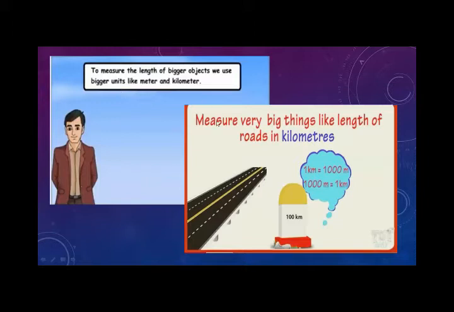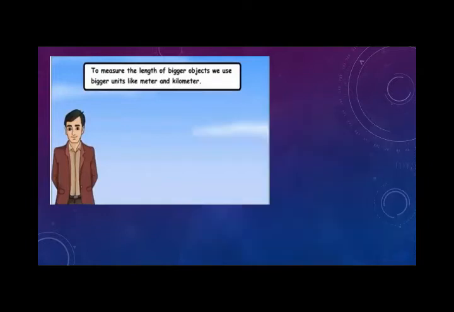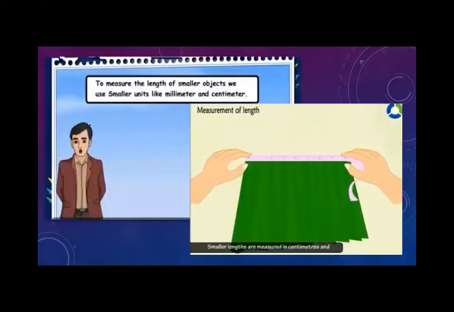Like a bigger and long piece of cloth. Okay, if you have a long piece of cloth, then it will not measure in centimeters. Okay, here you see the piece of a cloth is short, so this will easily measured in centimeters.